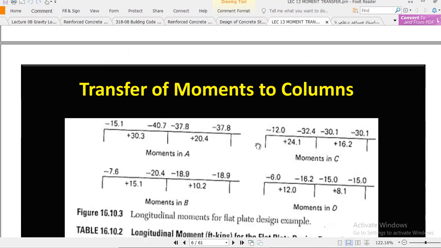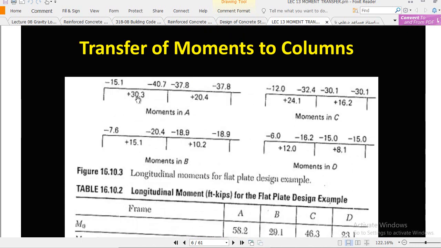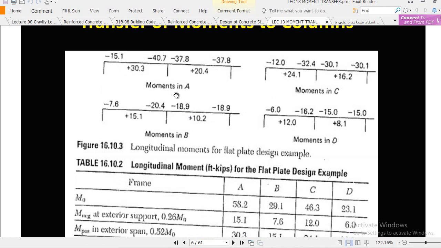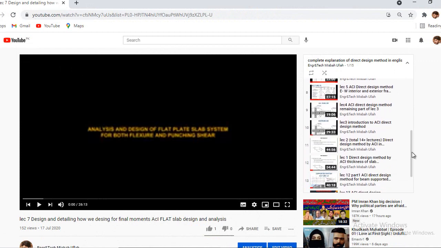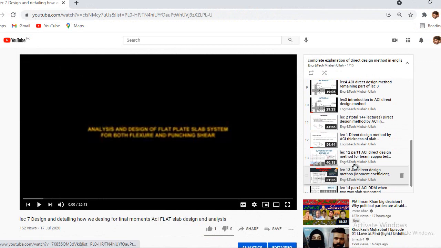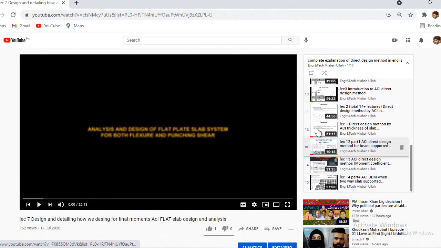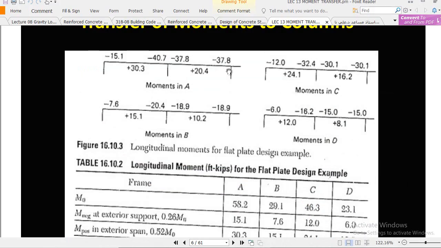Next, I just represent the moments for frame A, frame B, frame D and frame C. How I got these moments, the procedure is simple. If you go to my channel and watch these videos thoroughly, you will understand the whole procedure, how we distribute these moments for the case of beams and in the case of a flat slab system.